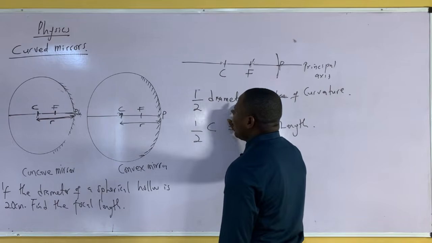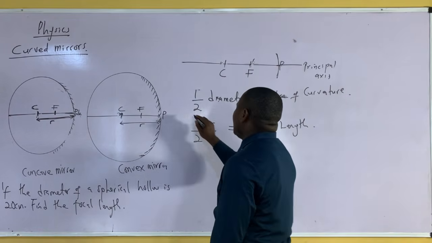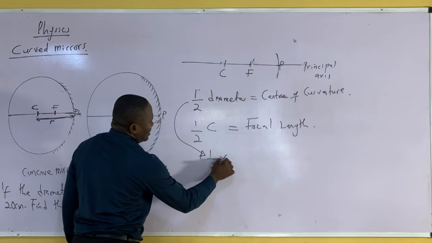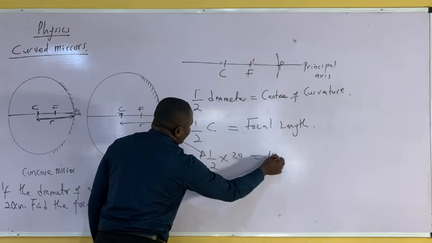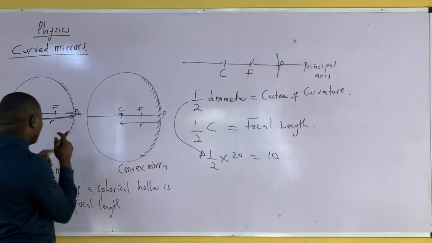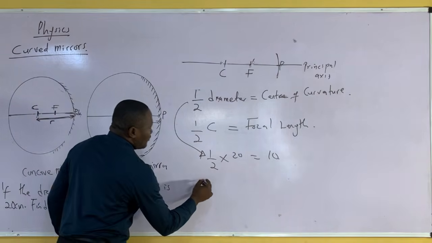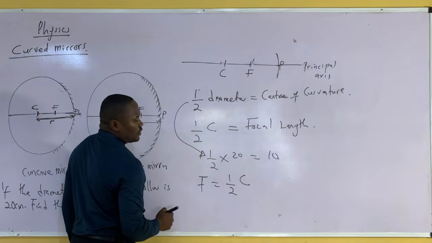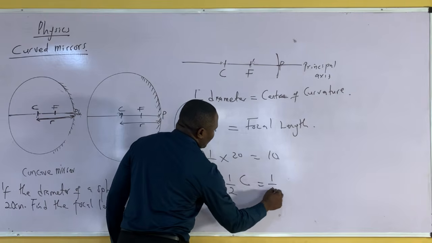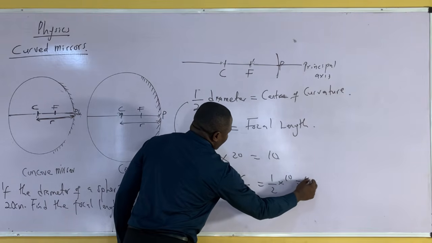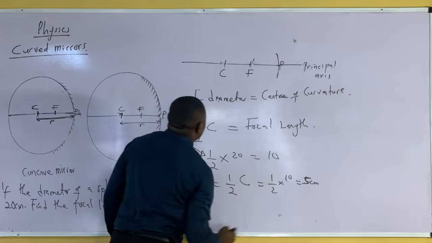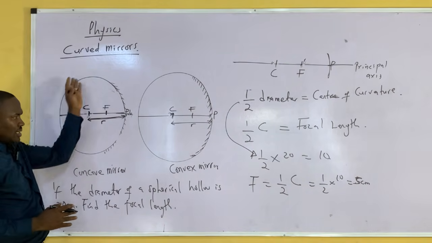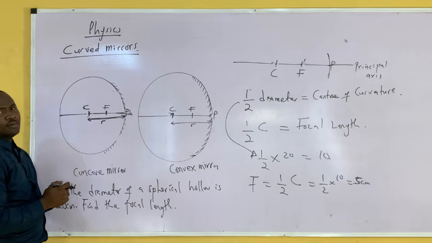What is half the diameter? Half the diameter will be 1 over 2 times 20 equals 10. So the center of curvature is 10. What is now the focal length? Focal length equals half the center of curvature, which equals 1 over 2 times 10 equals 5 centimeter. So understand each of these points in a sphere.